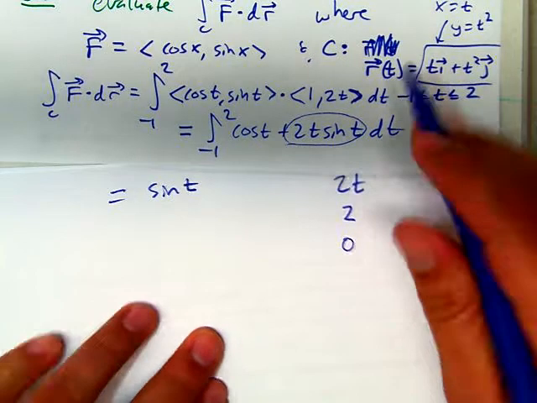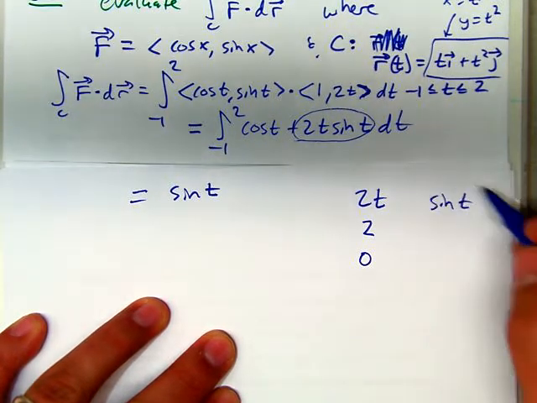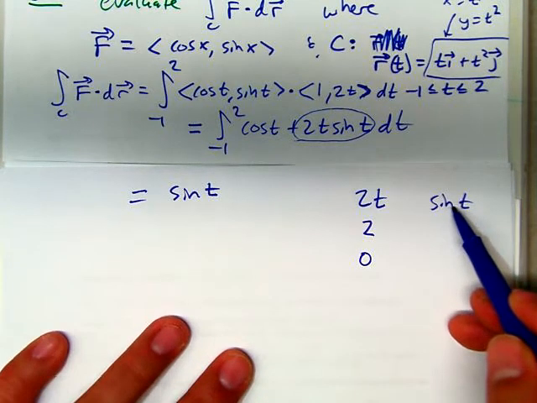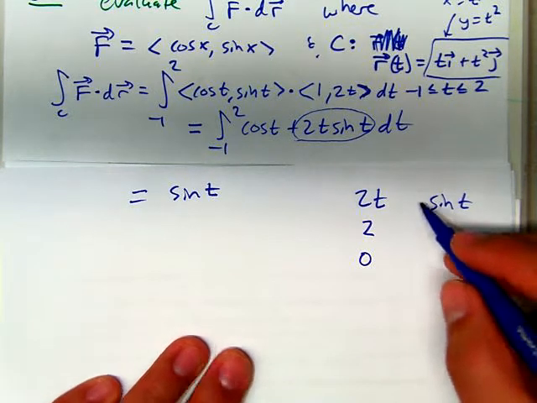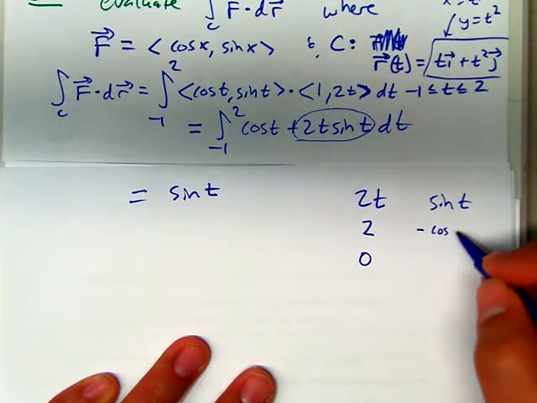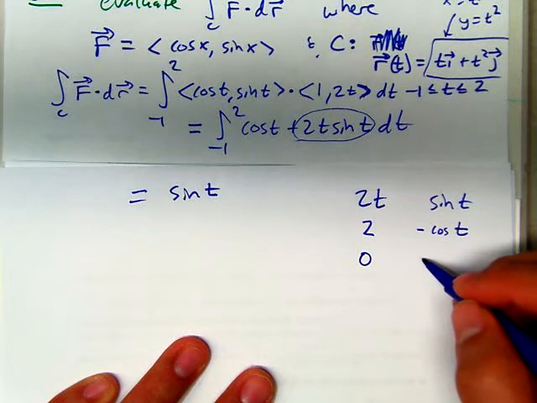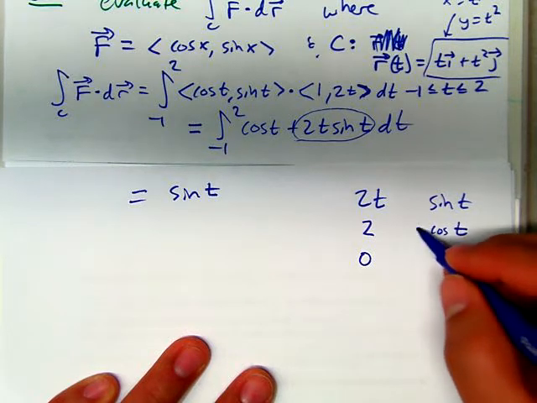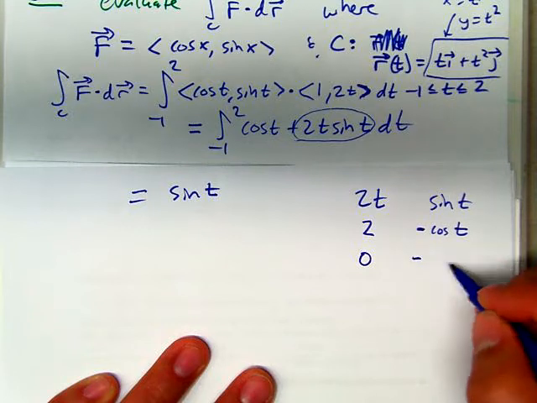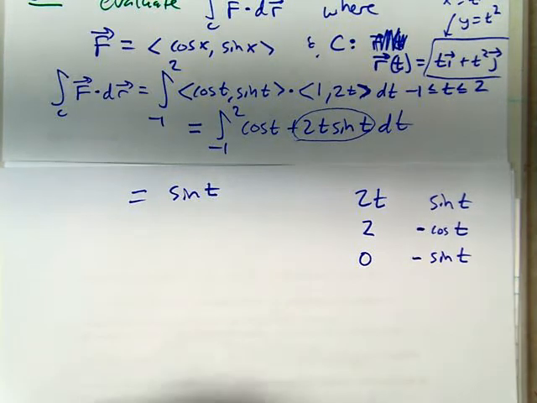Now the other function, sine t, by the way, this is called tabular. You take sine t and you integrate. If you integrate sine t, you get negative cosine t. And if you integrate negative cosine, you get minus sine t.